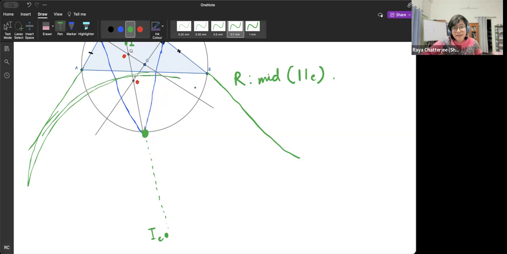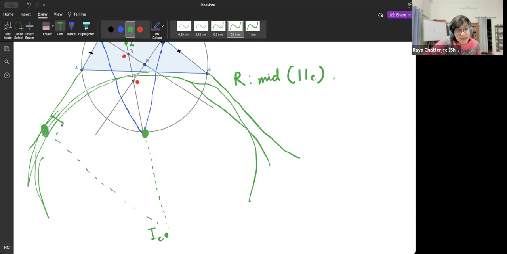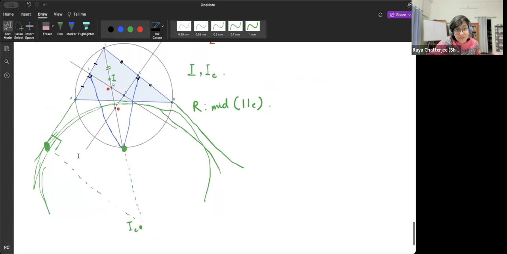I'm sorry, my bad. This is why I prefer GeoGebra. Anyway, the excenter circle is going to look somewhat like this. This is going to be the point, and this one is going to be 90 degrees. I'm just going to zoom out.